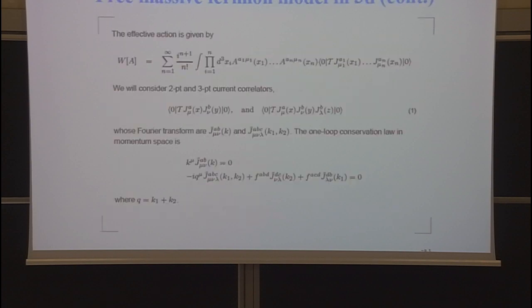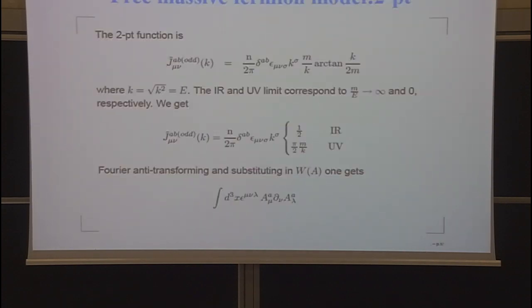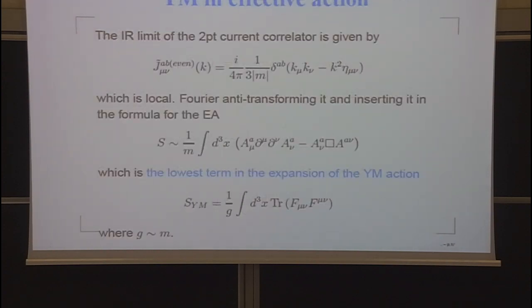There appear parity odd terms, but there is also an even sector, which is this. And if you study the even sector of the 2-point function, and you go to the infrared limit, you find the following result. And if you plug in this result into the effective action, you find that this is the lowest term in the expansion of the EME section.